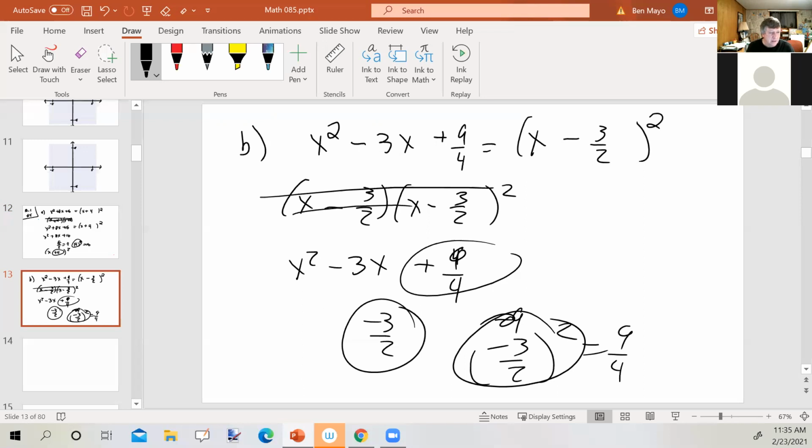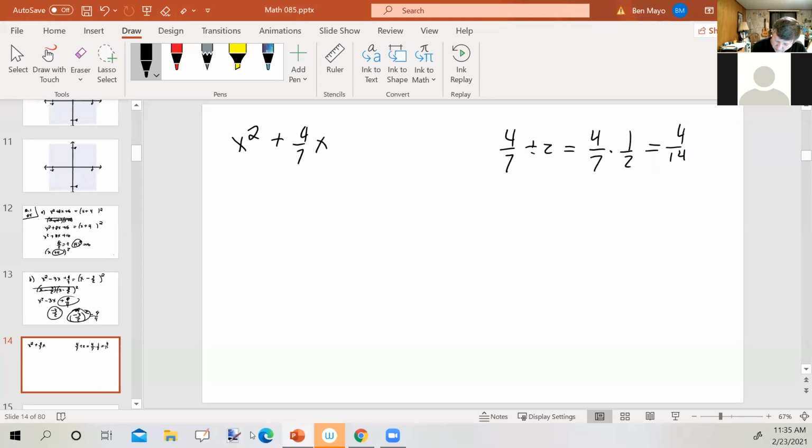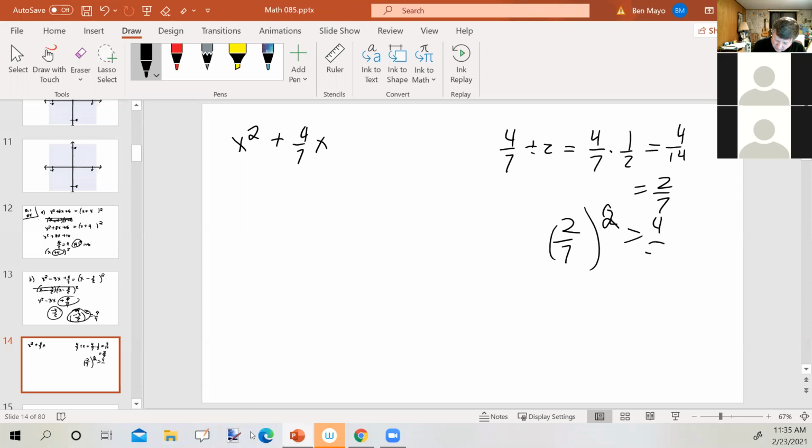Here's another problem where it just says complete the square and factor the resulting perfect square trinomial. So we've got x squared plus 4/7 x. To complete the square, we take the coefficient of x and divide it by 2, which is the same thing as multiplying it by 1/2, which gives us 2/7. We take 2/7 and square it, which gives us 4/49.